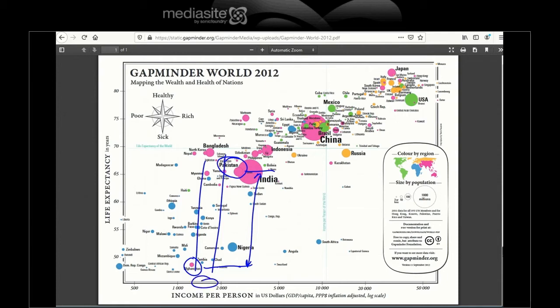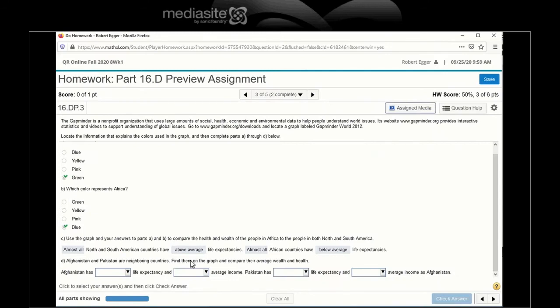Well, it looks like we have a huge health gap and a not so huge wealth gap, by observation.